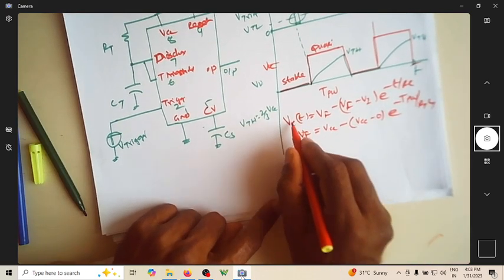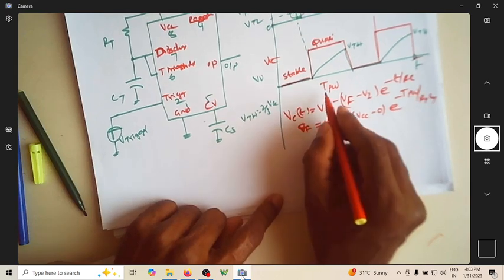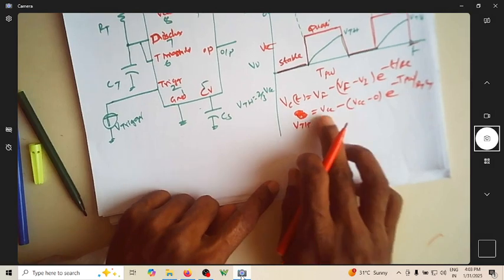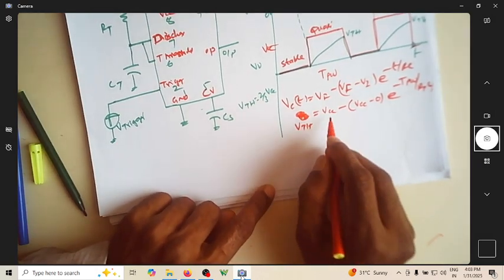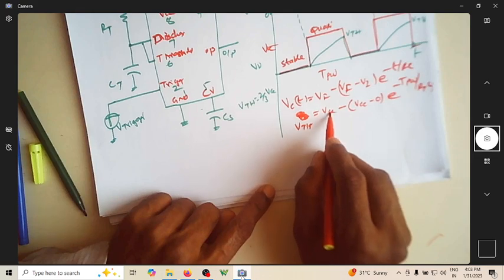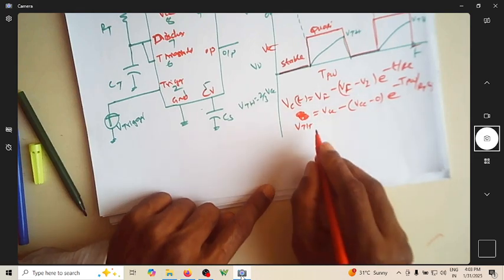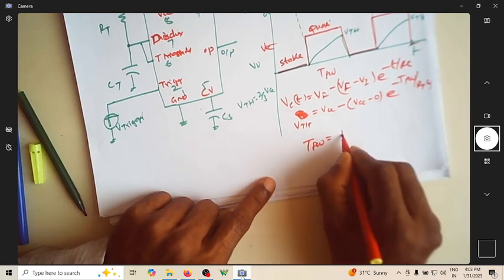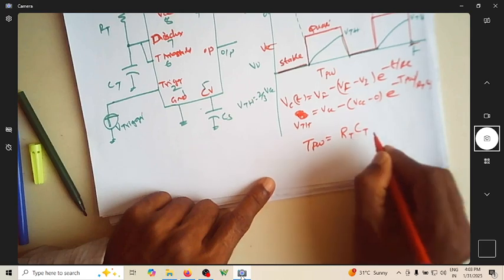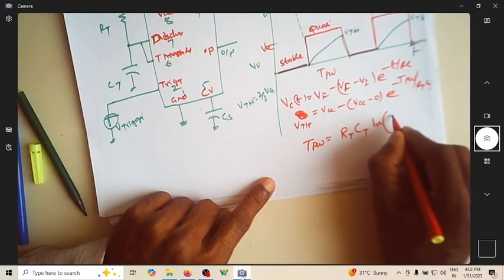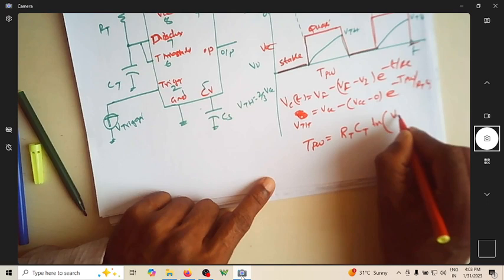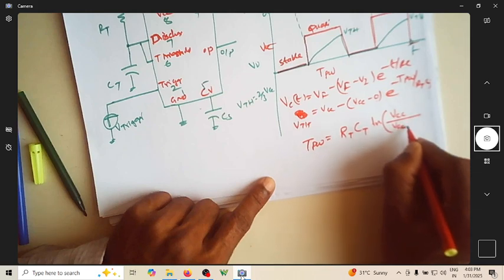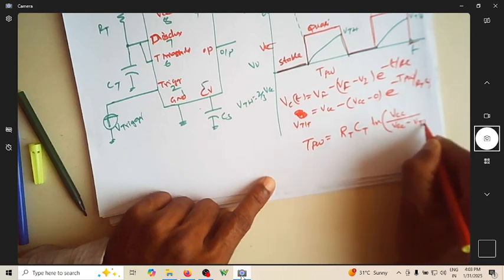So what is the voltage at t equal to T on? It is VTH. So VTH is equal to V final, with V initial being 0. If you solve for this, the pulse width becomes RT CT ln of VCC divided by VCC minus VTH.